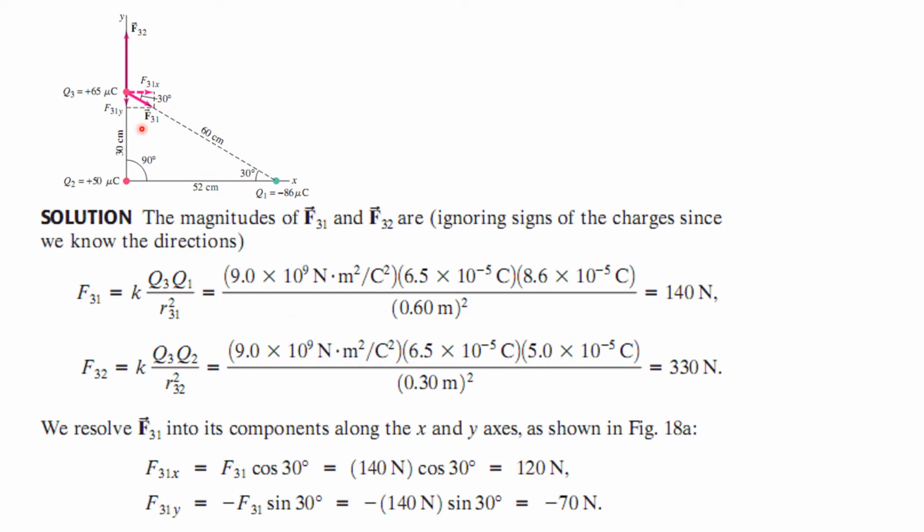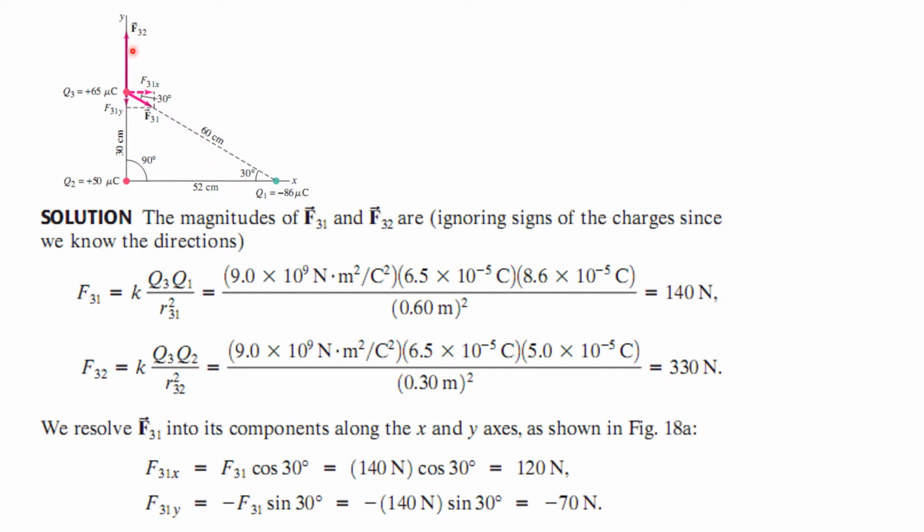The Y component of the force on charge 3 due to charge 1 is oriented in negative Y, so minus the magnitude of F31 times the sine of 30 degrees, because we project this force in a direction where the angle is not given, which gives minus 17 newtons.